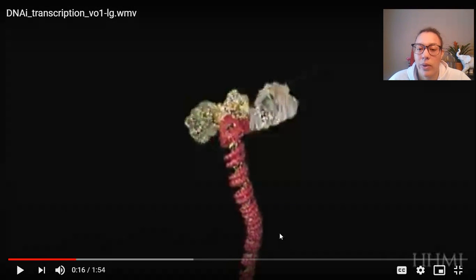So again, this looks kind of weird, but this molecule here that's in our spiral is our DNA, our genetic material in its helix. And then we've got some larger globular molecules that are going to initiate, right? Read that TATA sequence. And then we're going to have a growing mRNA transcript that's going to build off of there. So right now it kind of just looks like a ball of yarn.